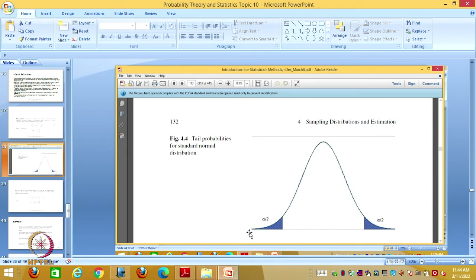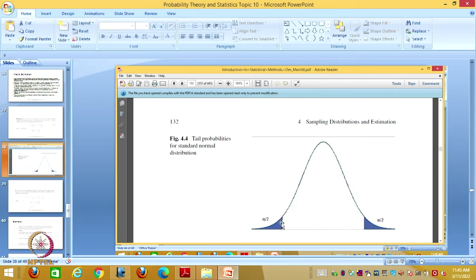Therefore, the probability from minus infinity to minus z alpha by 2 is alpha by 2, and similarly the probability from z alpha by 2 to infinity is alpha by 2. Therefore, the tail probabilities together are alpha. Therefore, the probability that mu lies between this quantity is going to be 1 minus alpha.